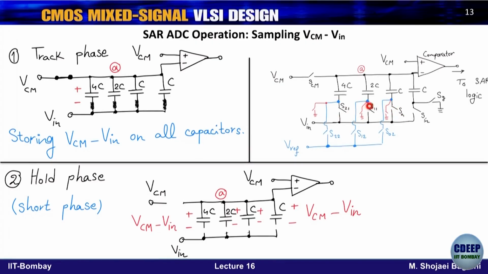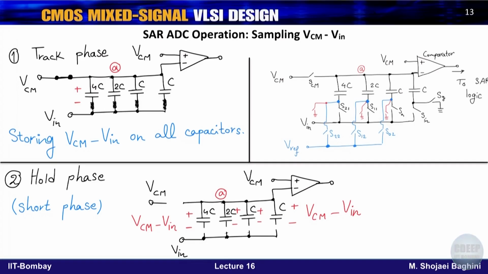And there is also a switch S-in for this additional capacitor, whose bottom plate is connected to Vin. So we are talking about these 4 switches as of now. And there is a common mode switch, which is here, closed. Fine. In hold phase, now all of them are open.